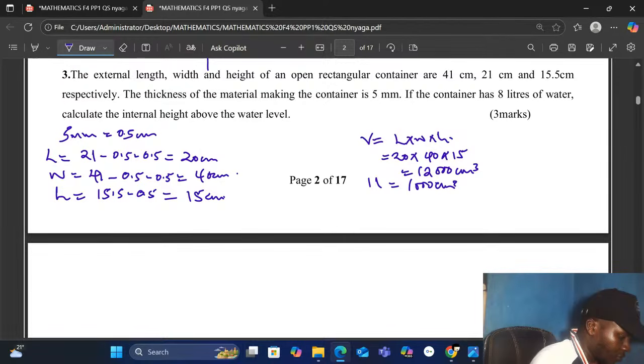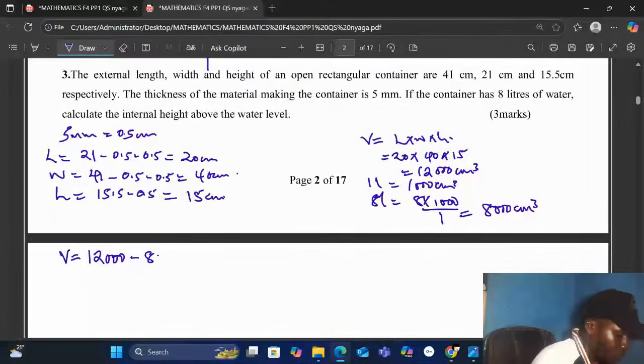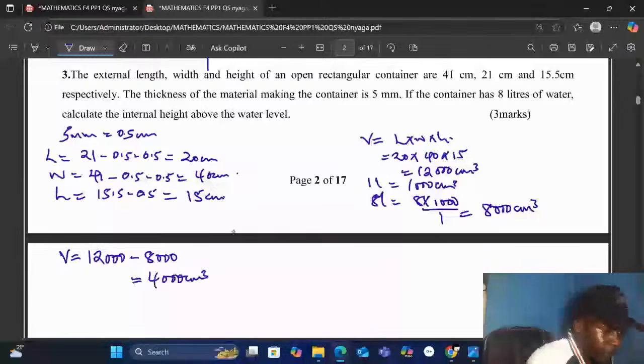Therefore, what about the 8 liters? The 8 liters will be 8 times 1,000 cubic centimeters, and we shall remain with 4,000 cubic centimeters.